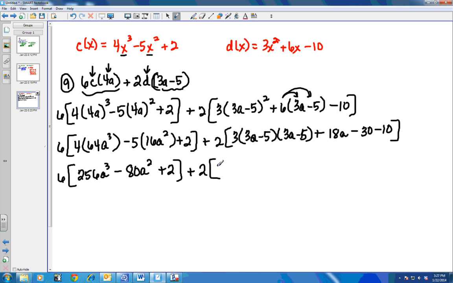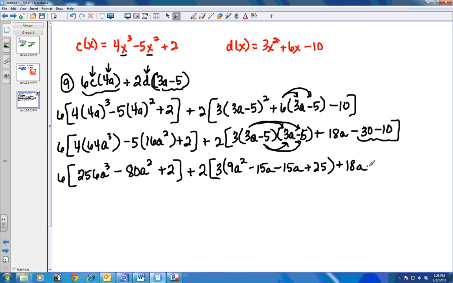I'm going to leave this 3, and now I'm going to FOIL this out. 3a times 3a is 9a squared. 3a times negative 5 is minus 15a. Negative 5 times 3a, minus 15a. Negative 5 times negative 5, plus 25. Now I'm going to write down the rest. Plus 18a. Now I'm going to combine these: negative 30 and negative 10 is negative 40.